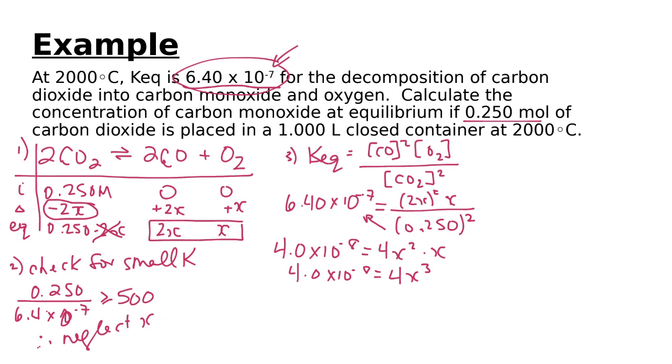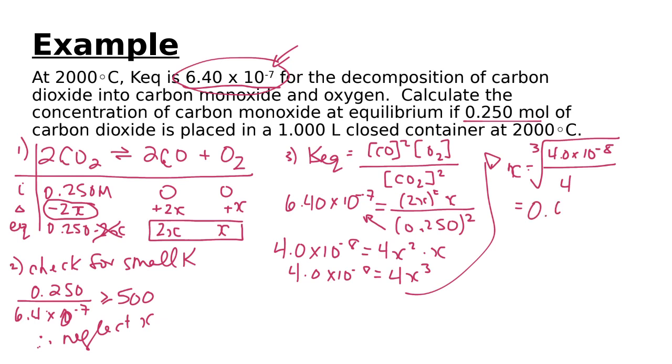We're now going to solve for x, and I'm just going to come over here. So x is going to equal the cube root of 4.0 times 10 to the negative 8 divided by 4, and we're going to get an x term of 0.0022 molar.